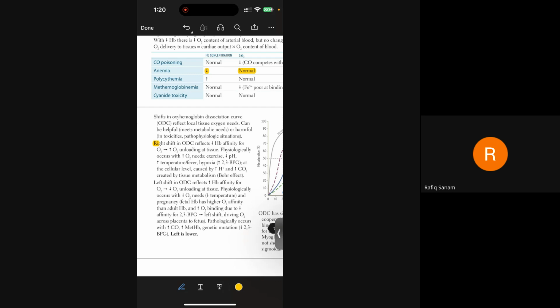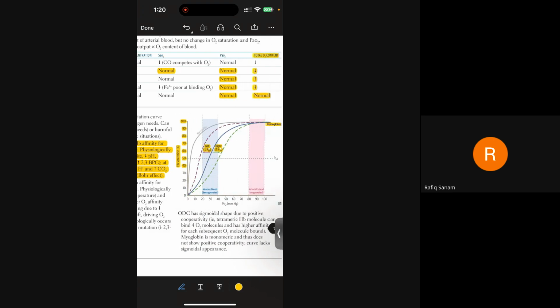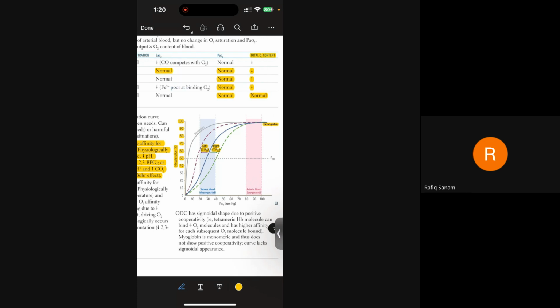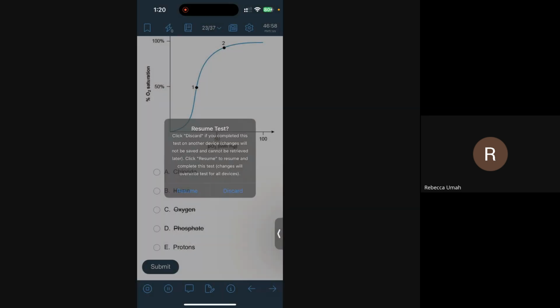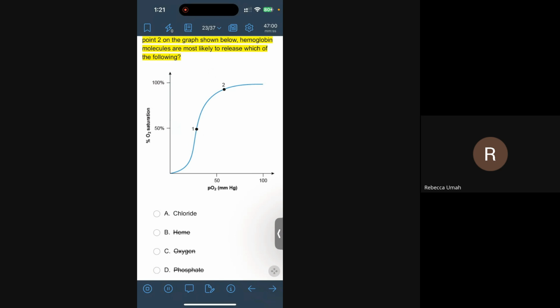Increased unloading of oxygen occurs when there is decreased pH, increased temperature, increased hypoxia, increased metabolism, increased carbon dioxide. All of these are going to cause the right shift, right?